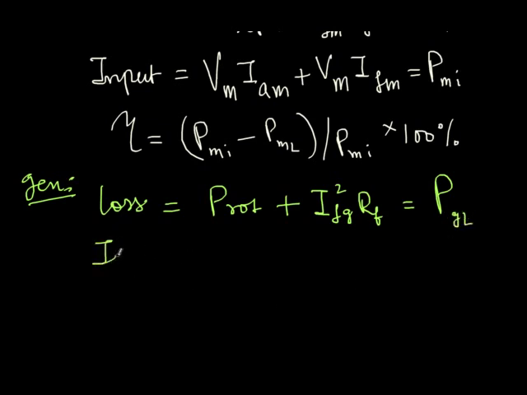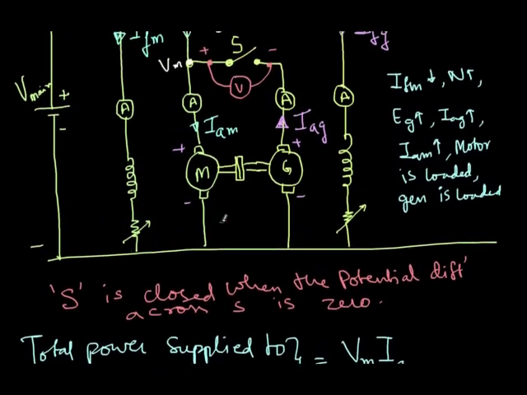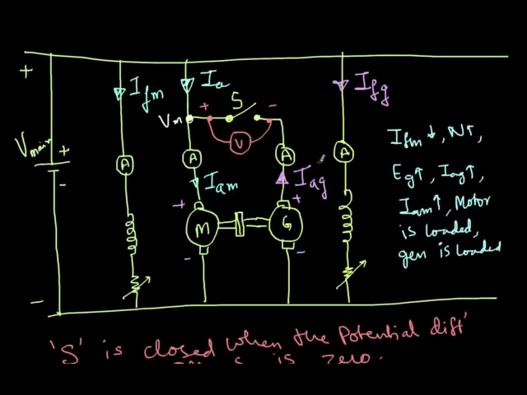Similarly, what is the input to the generator? Again, if you refer to the diagram, the generator is actually producing output. So what is the generator producing? It is producing IAG multiplied by Vm because the switch is closed. This point is exactly equal to this point, which is exactly equal to this point. So the potential of this point is also equal to Vm.